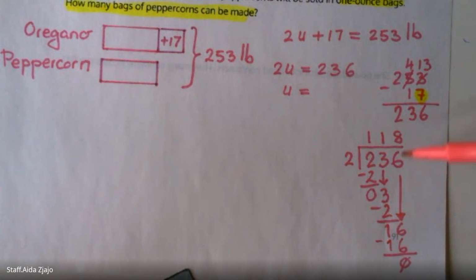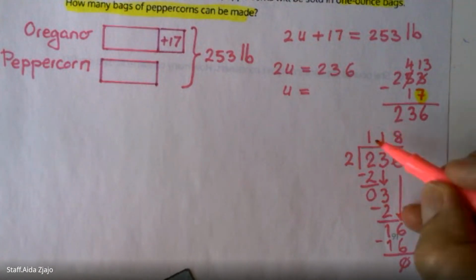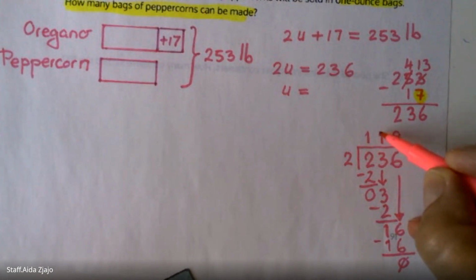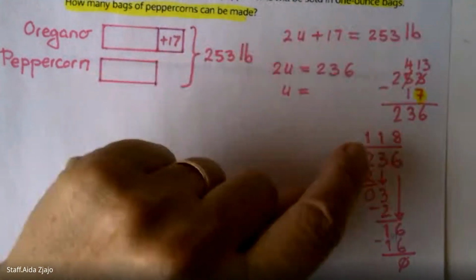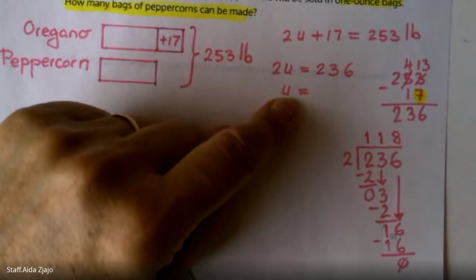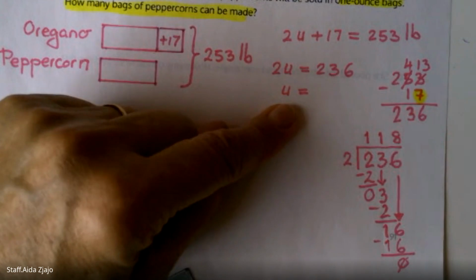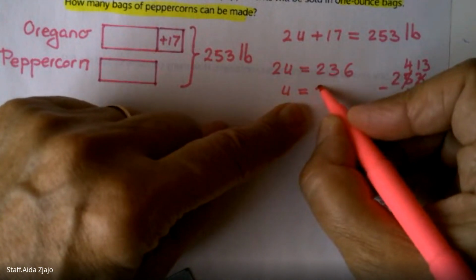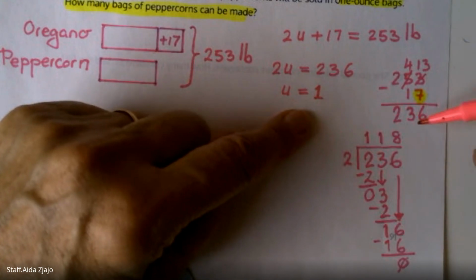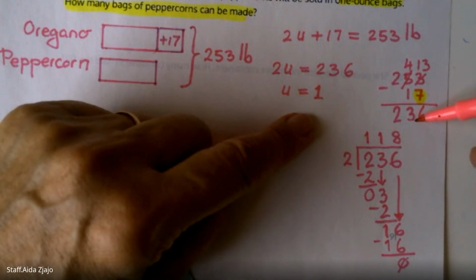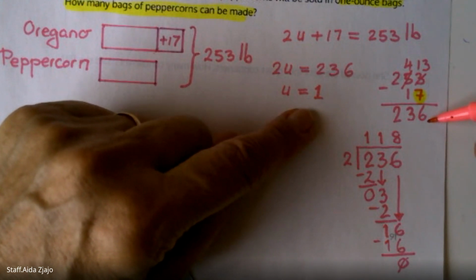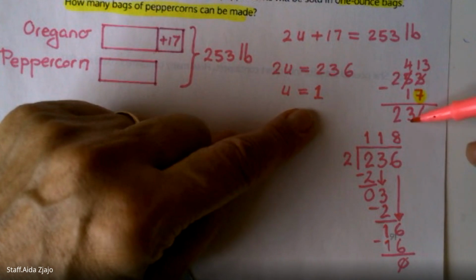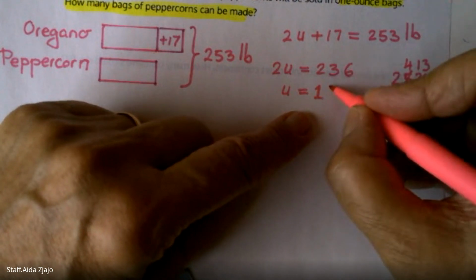But this is just a simple standard division, but you can think logically. What is half of 200? That is 100. Okay, and what is half of 30? That's 15. And what is half of 6? That is 3, so 15 plus 3 is 18.